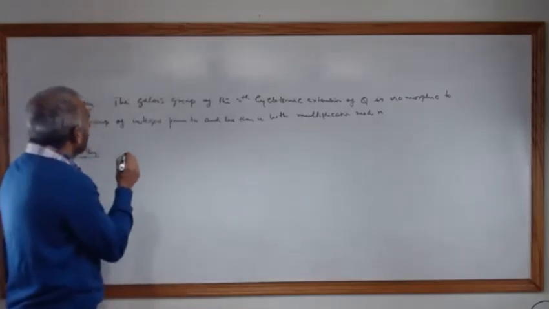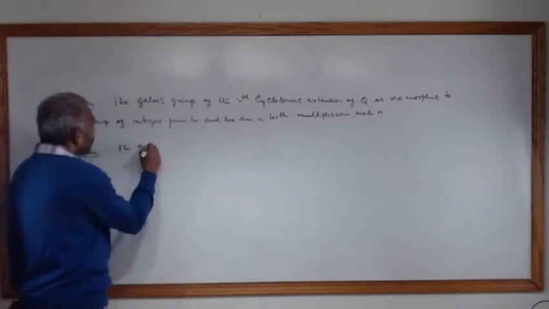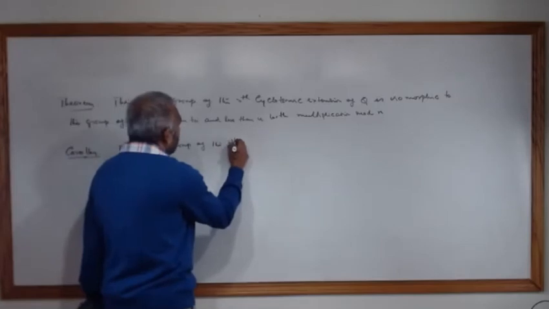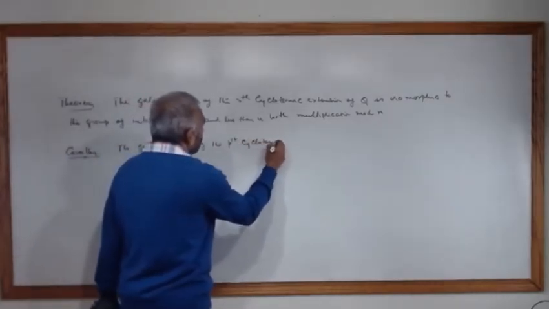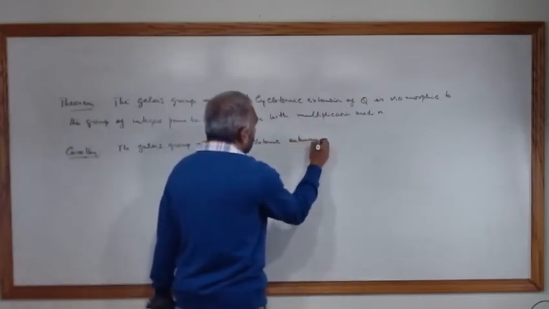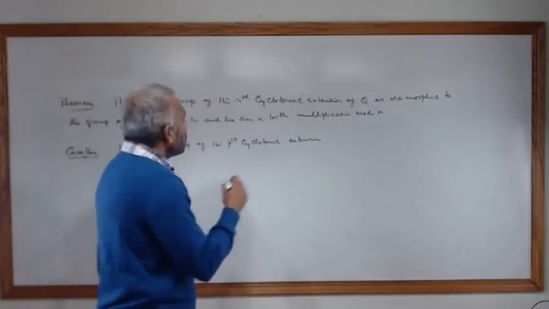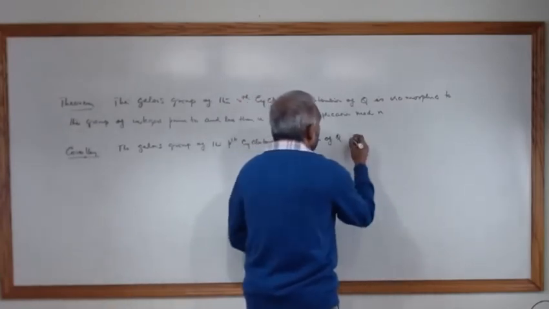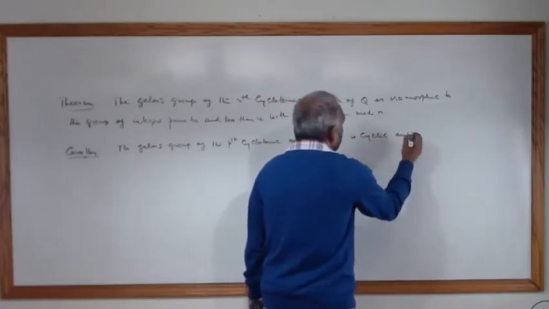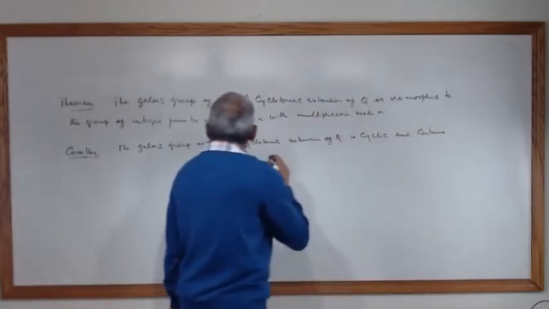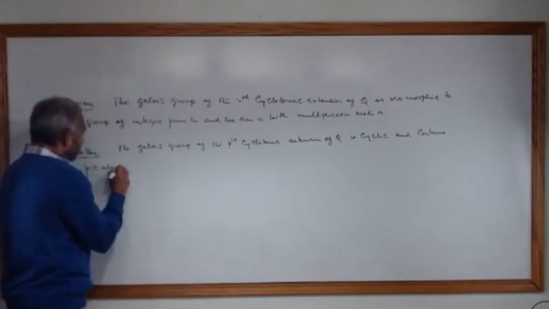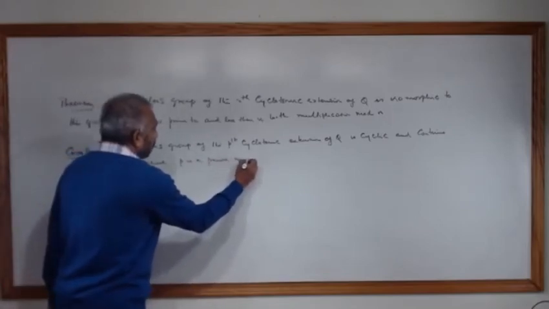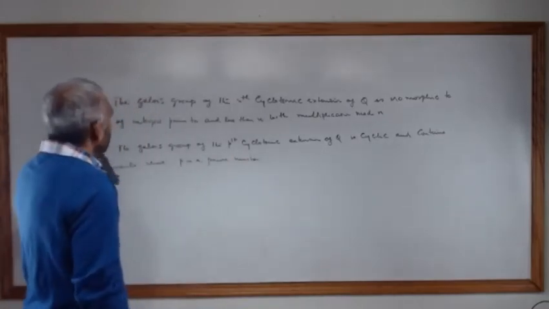That is, the Galois group of the pth cyclotomic extension of Q is cyclic and contains p minus 1 elements, where p is a prime number. This is a very quick corollary of this theorem.